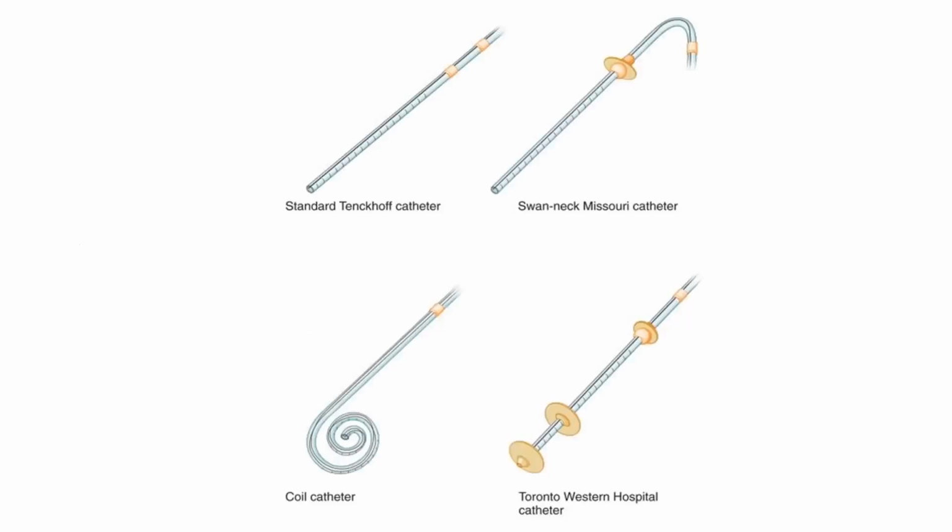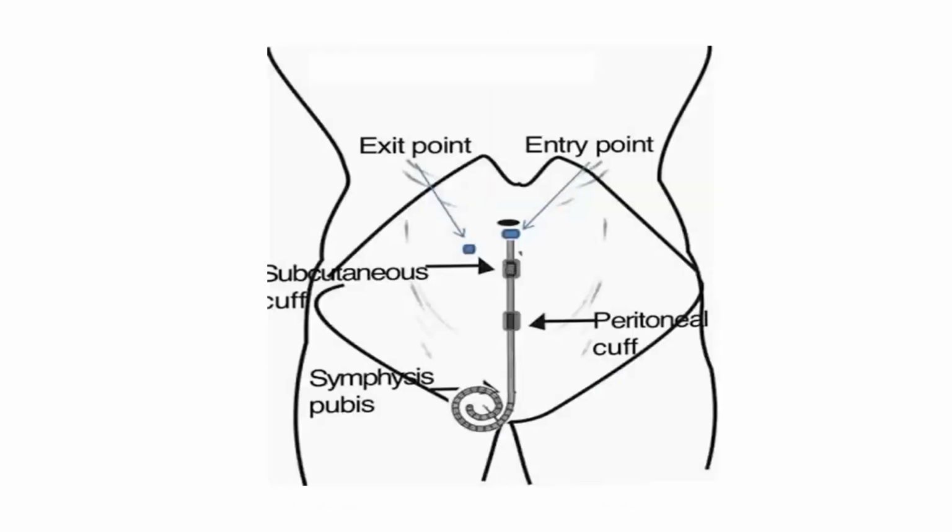These are the different types of Tenckhoff catheter: standard straight Tenckhoff catheter, swan neck catheters, curl type catheter, and Canada catheter. But here, we have experience of only two types: standard Tenckhoff and swan neck catheters. These are all designed to decrease the complications.